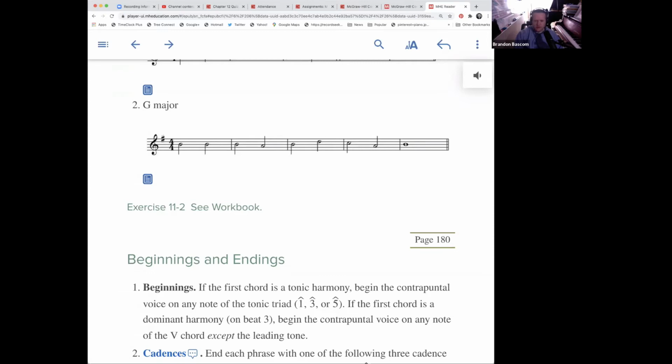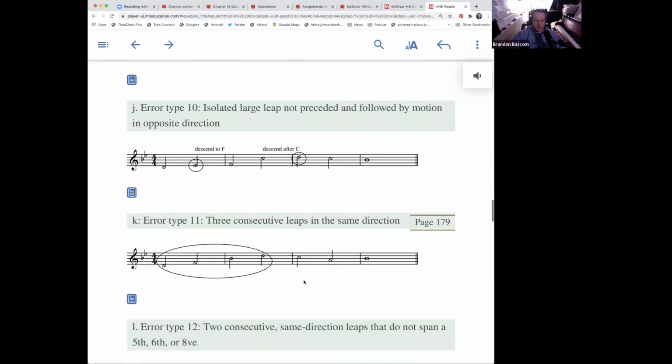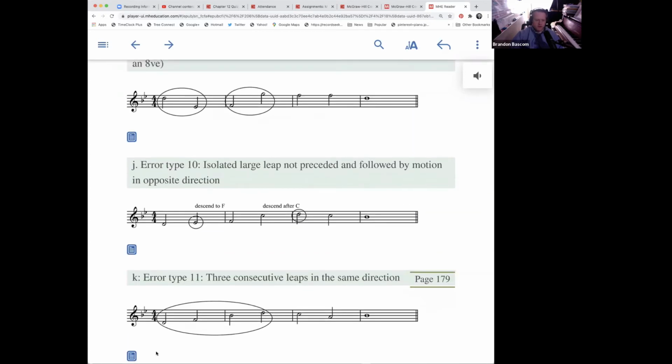Three consecutive leaps are bad even if they outline a triad? If they're in the same direction. If they all go up or they all go down. I feel like it contradicts itself from earlier, from last semester. Oh yeah, we've evolved. So here we have leaps all in the same direction.